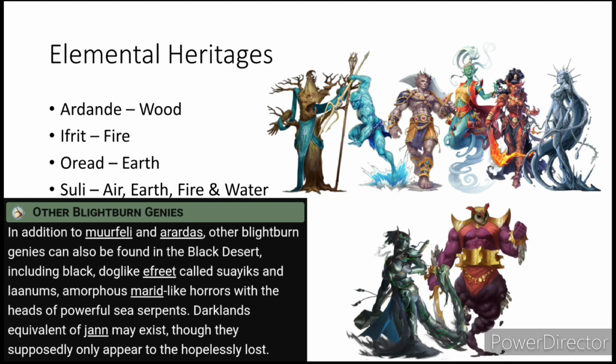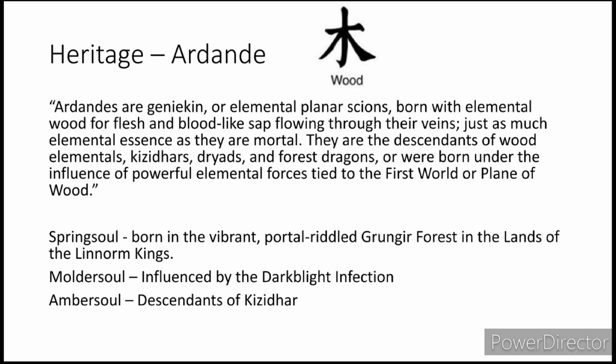Now let's go ahead and take a look at these different elementals. We have the Ardandi, which is the wood elemental scion. Born of elemental wood, with flesh and blood like sap flowing through their veins, just as much elemental essence as they are mortal.